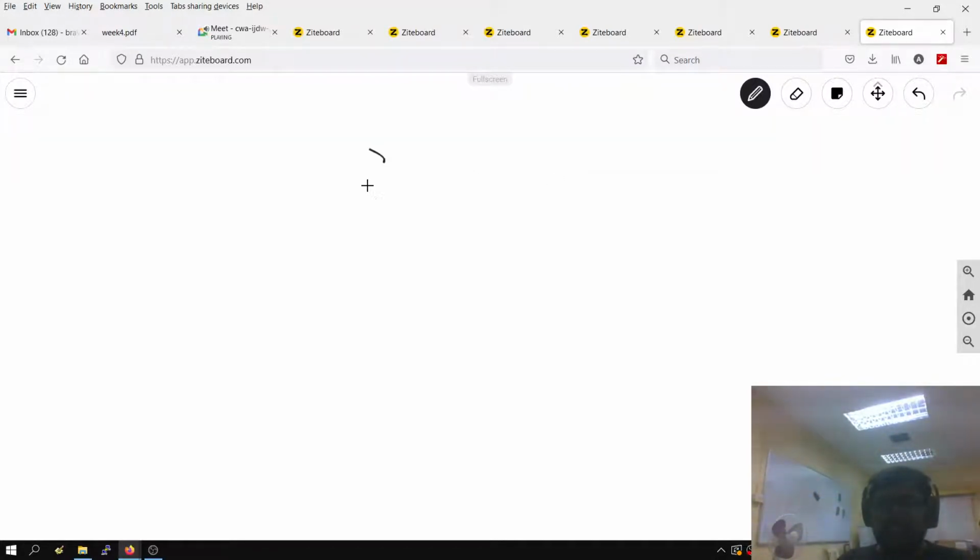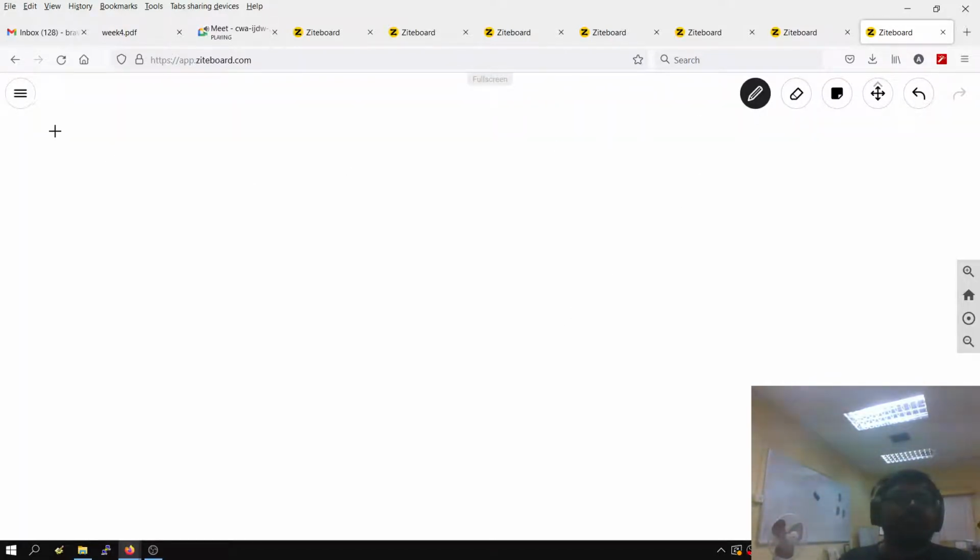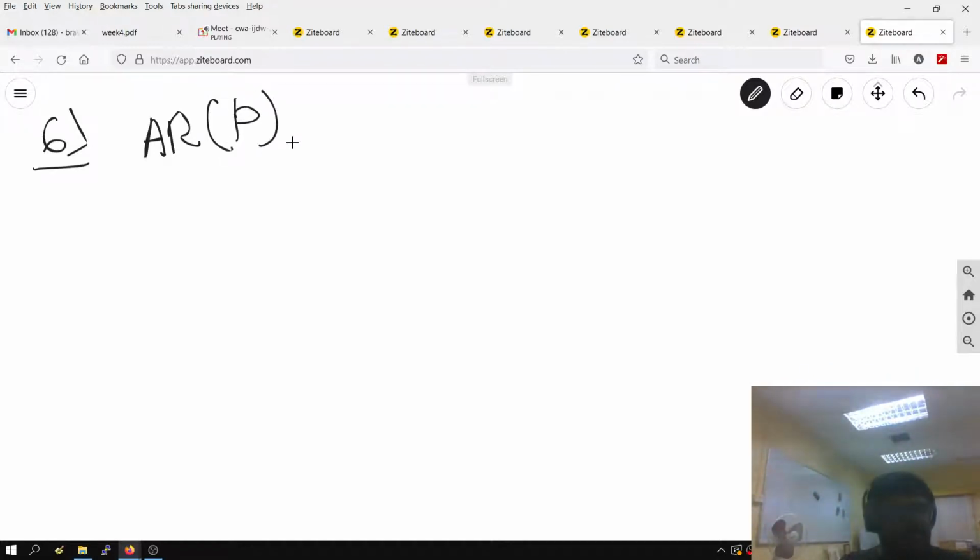So what is given here? This is an AR(p) model, and phi of B is given.